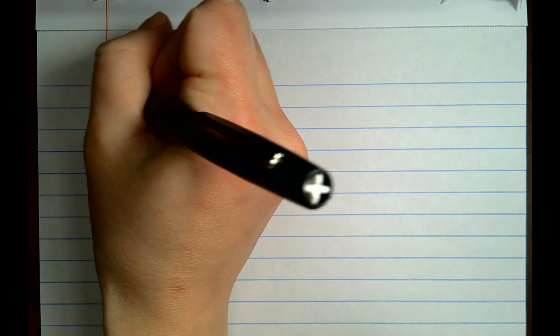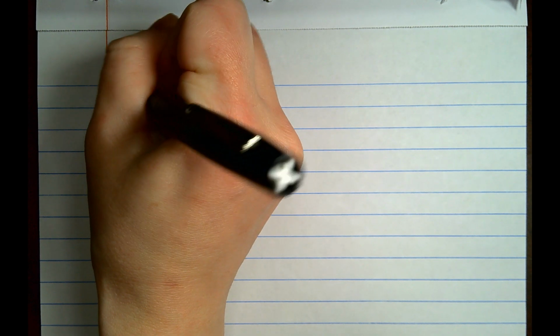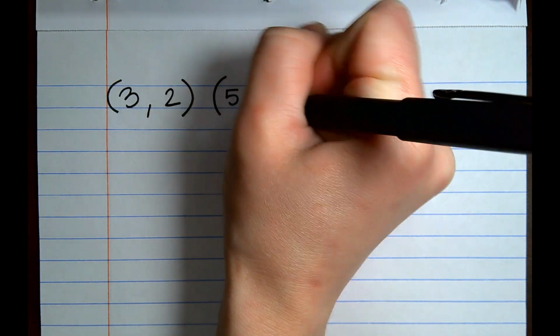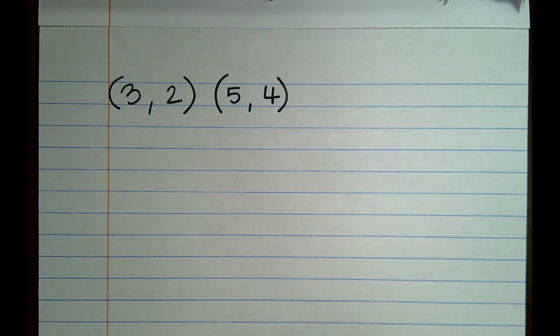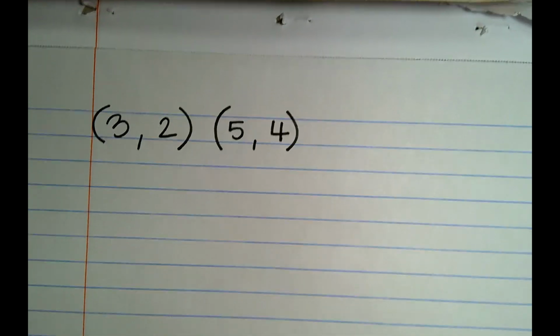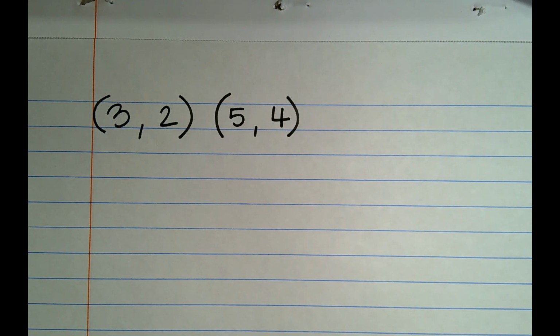Okay, so let's do another example. How about 3, 2, and 5, 4. So we will always start with labeling.